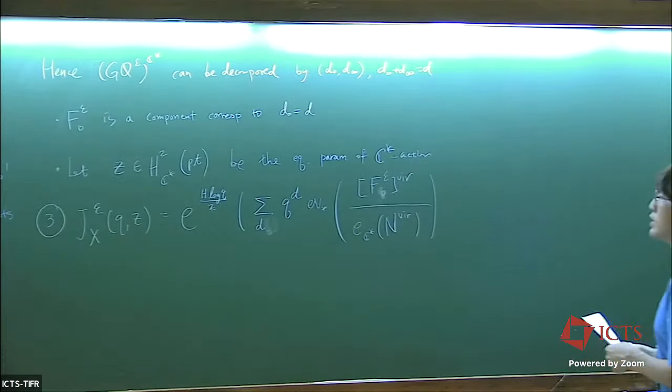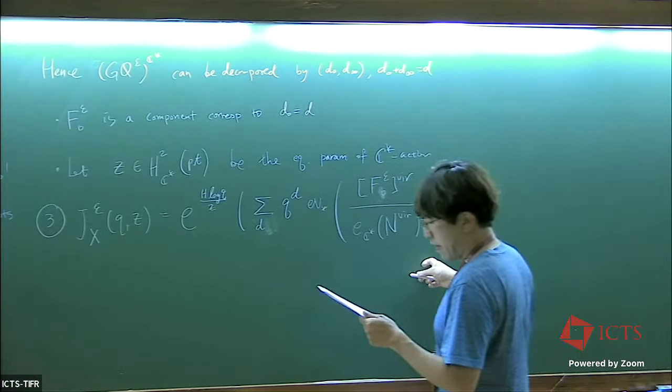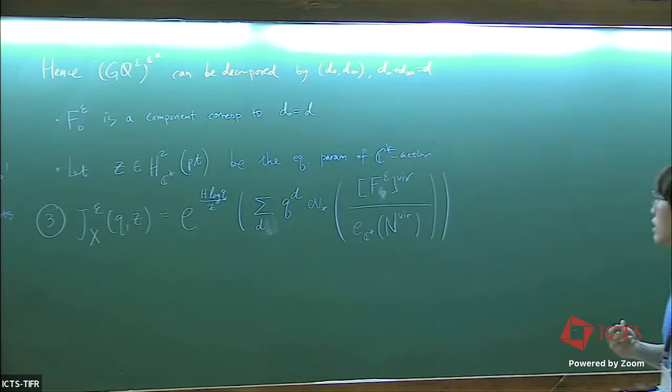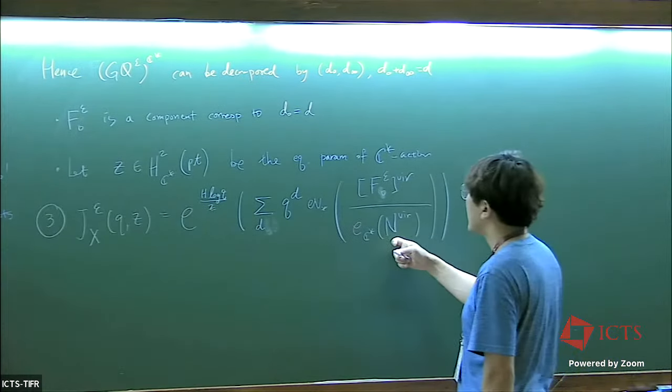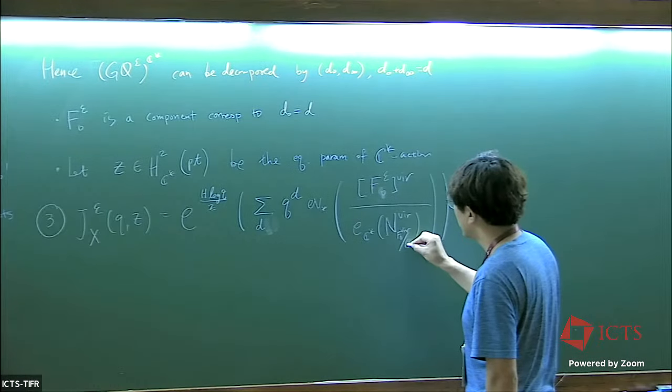So this is the definition of the J function, with the virtual normal bundle of our fixed locus into the graph space.